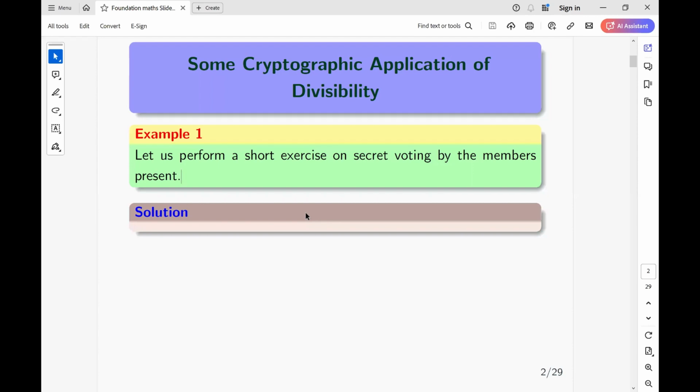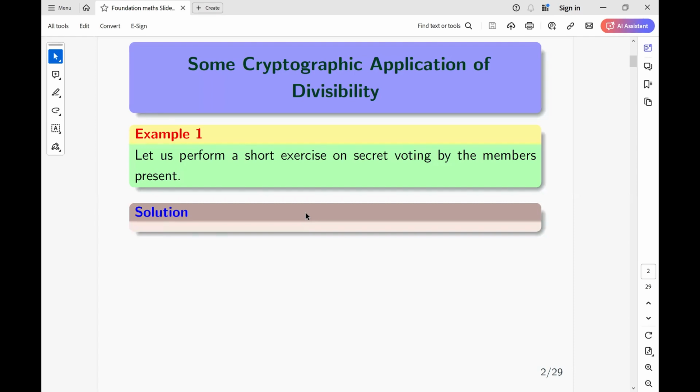The first person casts his vote by adding a 6, a 1, or a 0, where 6 means he's voting yes, 1 means he's voting no, and 0 means he's abstaining. Then you just write the total on the piece of paper and pass that total to the next person.